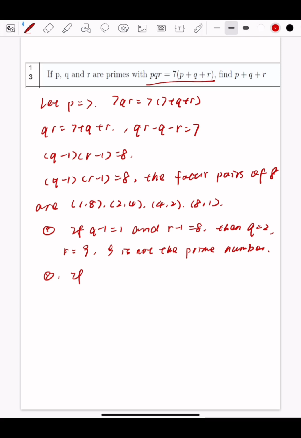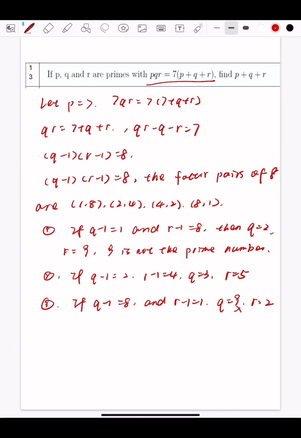In case 2, case 3, but this is not a prime number here.